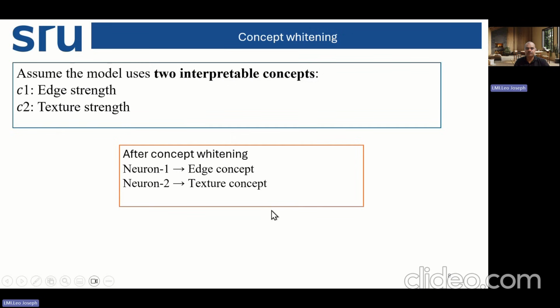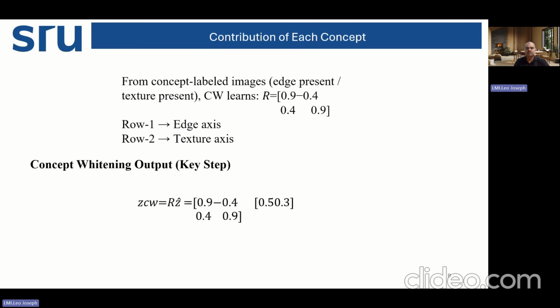Is any 0.5 information available? Yes, it understands the value of 0.5. On analyzing 0.4, it gains the weightage of 0.3. These are the two things it understands based on the complement. This is the rotational value, the information gained after concept whitening.